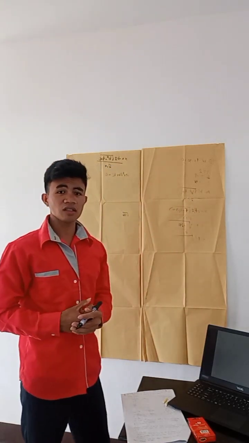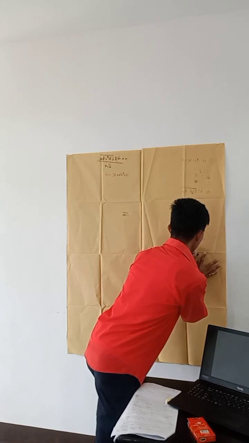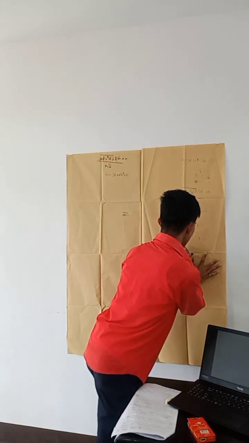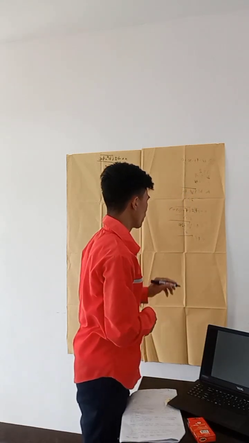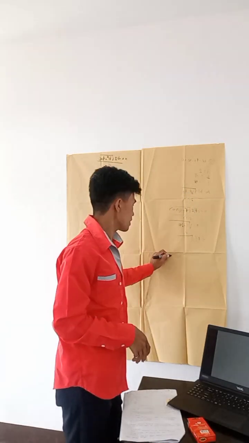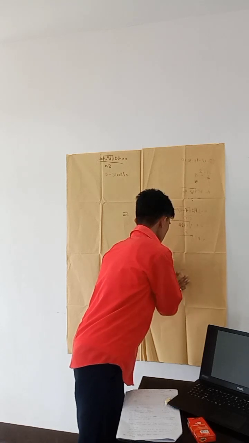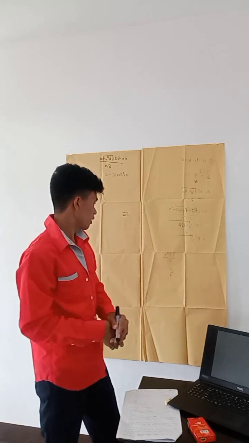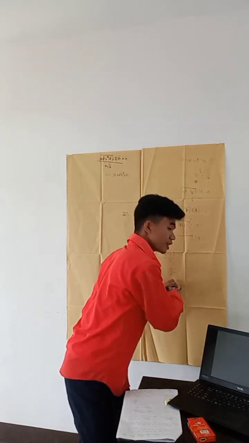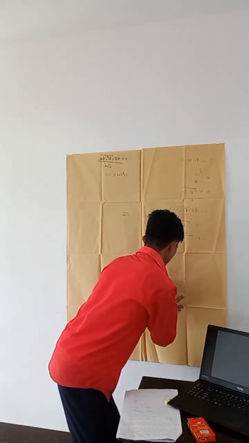What is the square root of 256? 16. Therefore, 4 plus or minus 16 all over 4. We're going to simplify. 4 plus 16 is equal to 20 over 4. 20 divided by 4 is equal to 5. Therefore, the first value of x is positive 5.